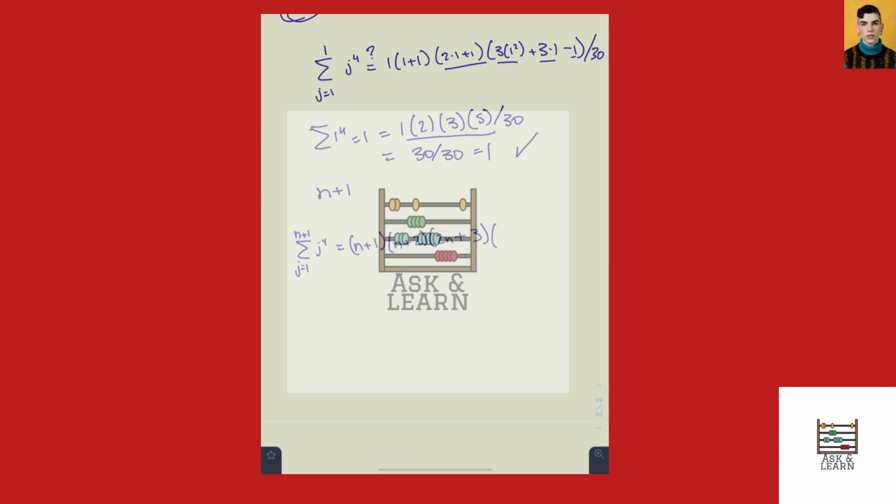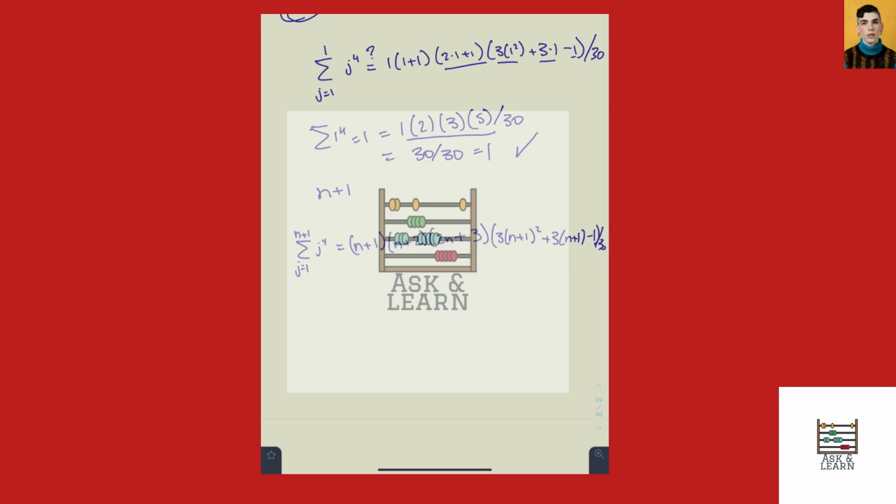And that's going to be times a pretty large polynomial here. That'll be 3 times n plus 1 squared plus 3 times n plus 1 minus 1 over 30.